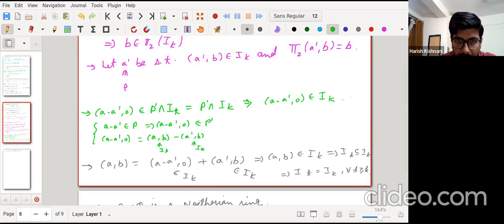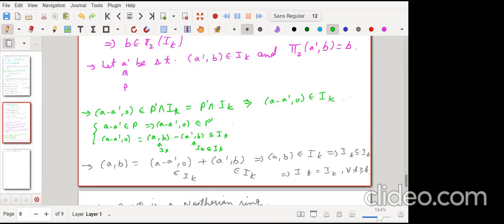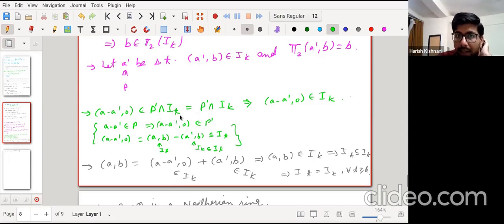Both of these are inside IT, so the difference has to be inside IT. Maybe now it is more clear why this is inside the intersection P dash intersection IT, and we have already seen that this ascending chain also terminates.